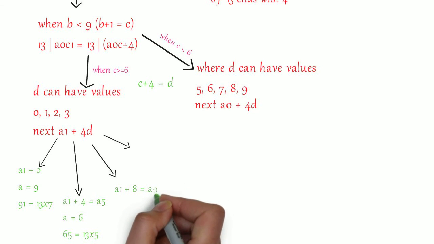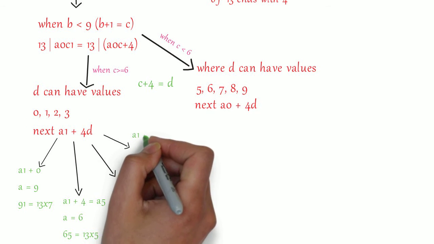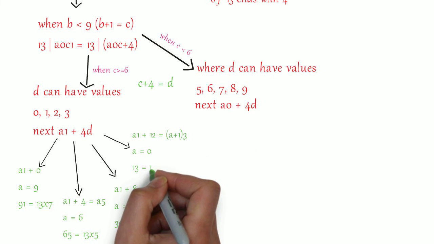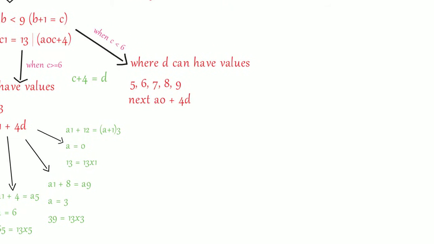For the third case, we get A1 plus 8, that is A9 must be a multiple of 13, and 39 is our solution here. For the fourth case, we get A1 plus 12 must be a multiple of 13. A plus 1 becomes the tens digit, and A plus 1, 3 is our number. 13 is the solution for this case.